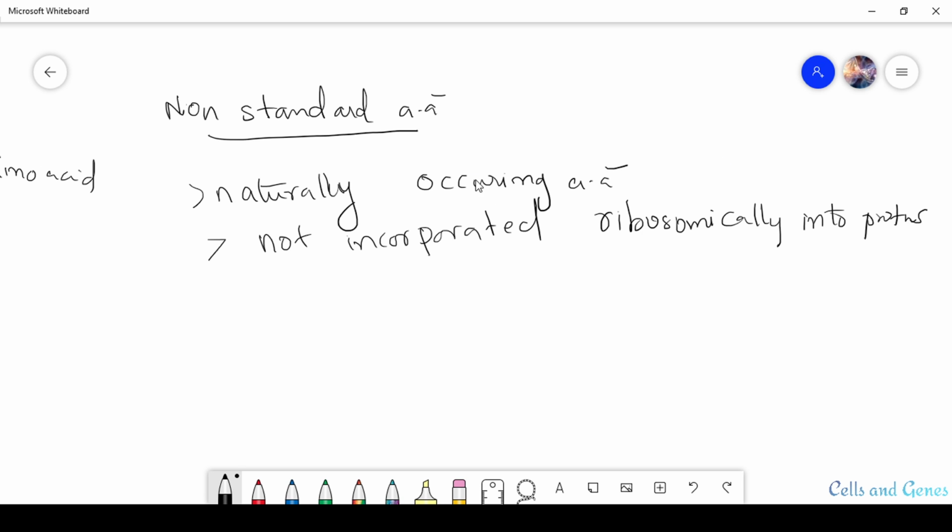These amino acids occur naturally in the cell, but are not incorporated ribosomically into proteins.